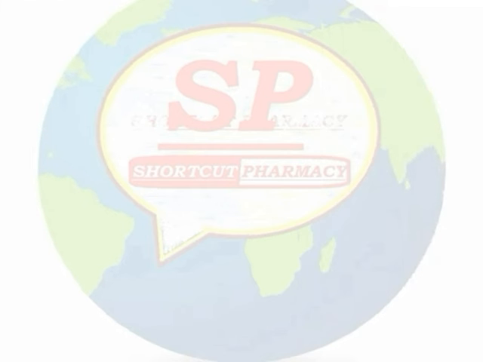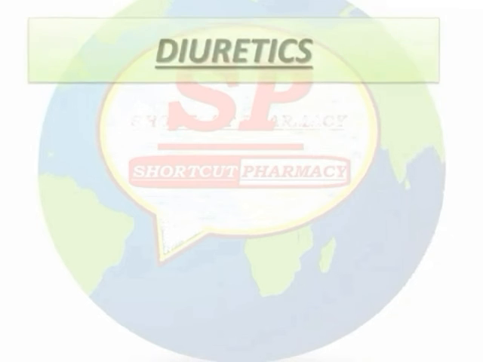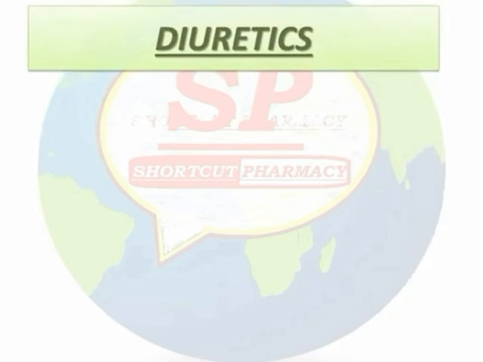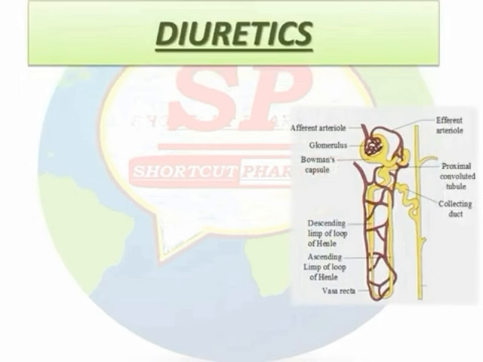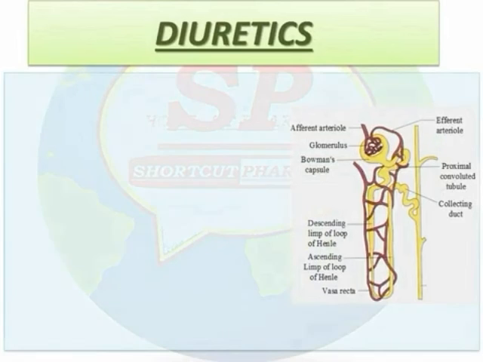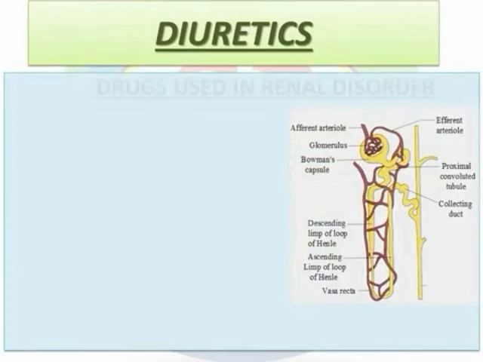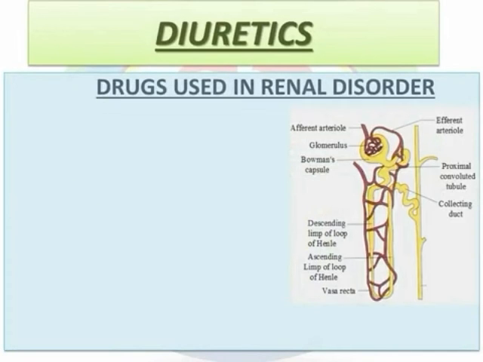They are potassium sparing diuretics, that means K+ sparing. Next, third one is osmotic diuretics, and the example is mannitol. And last one is xanthines, and the example is theophylline. Theophylline is also a diuretic agent, a weak or adjunctive diuretic.